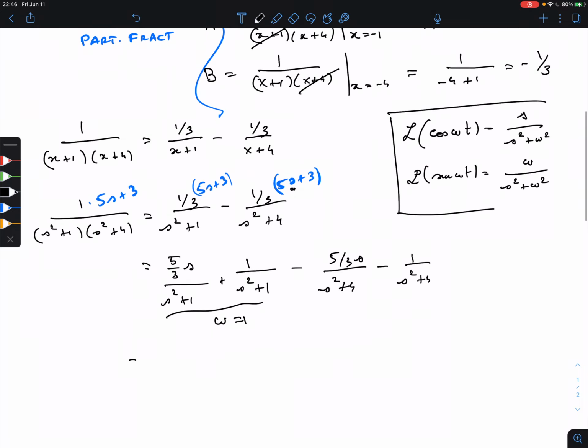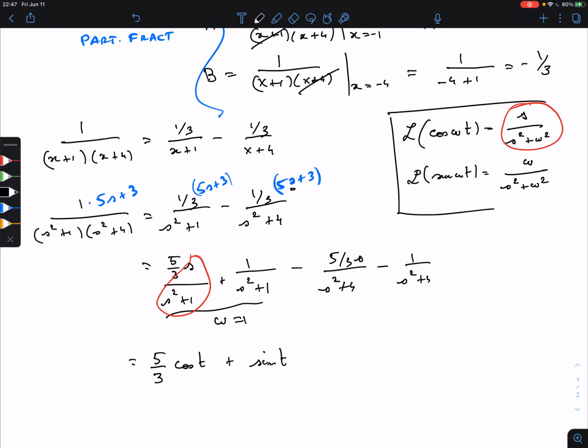So we get 5/3, and then this fraction here, let me circle it, is just the one that comes from cosine t. And same for the other one, but this one is now for the sine. Okay, so plus, I say cosine, I say sine and I write cosine, sine t.